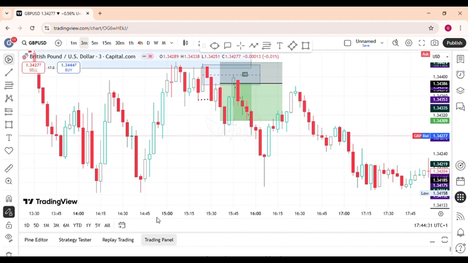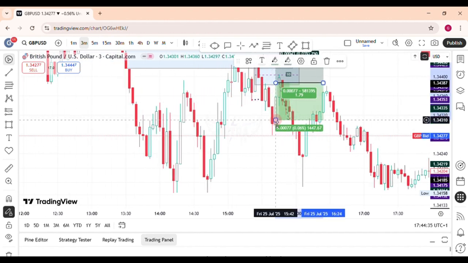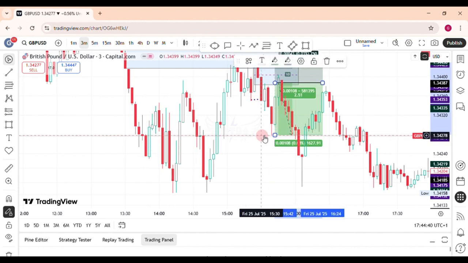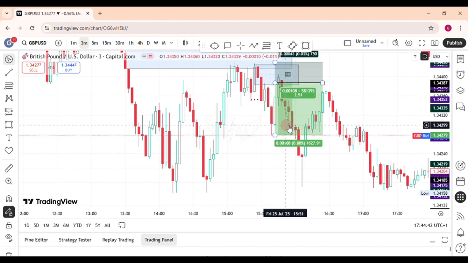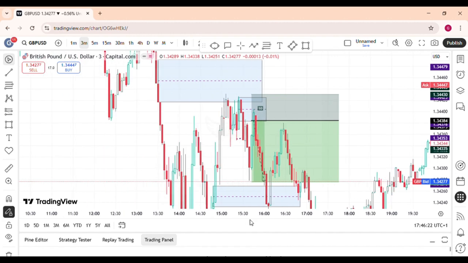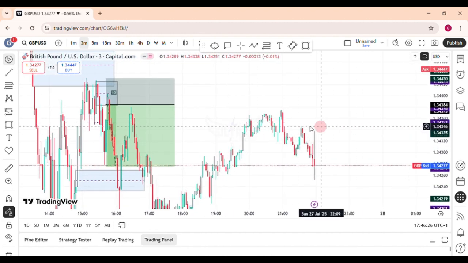So our take profits would be a previous low. So using this low right here, we have a risk to reward of 2.5 ratio. That was our last trade for last week on the trades we missed.